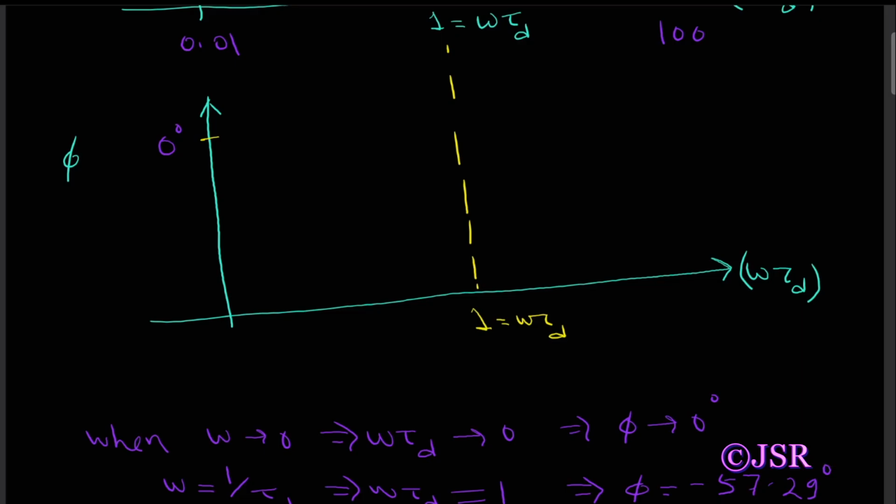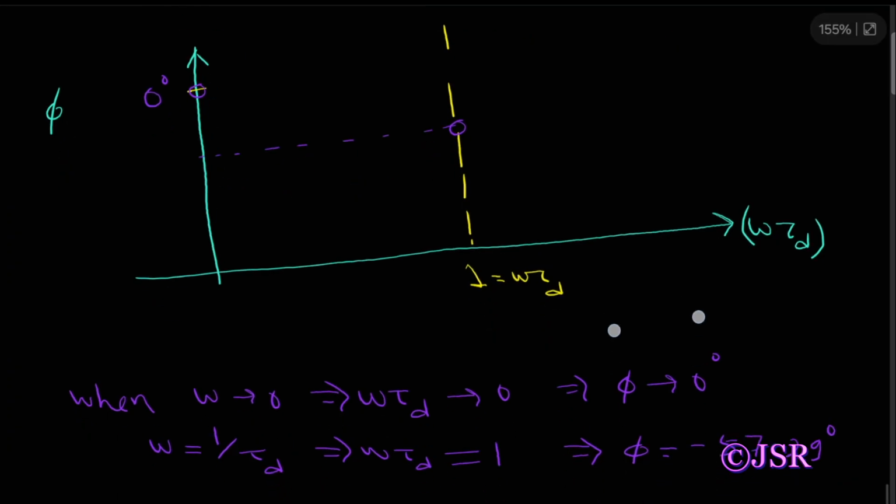So at this point, this is 57, this is 0.